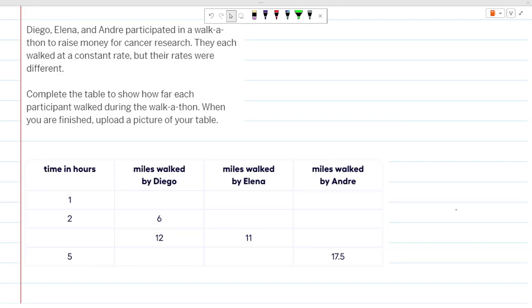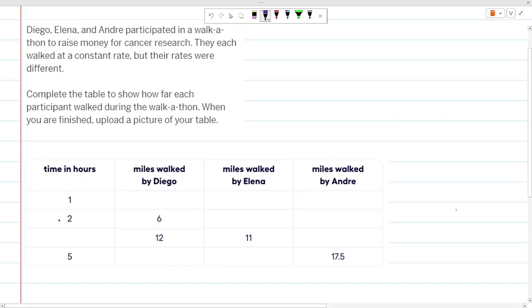In the second row, we see that Diego walked 6 miles in 2 hours. We don't know anything about Elena or Andre just yet. So if in 2 hours Diego walked 6 miles, how could we figure out how far Diego walked in 1 hour?